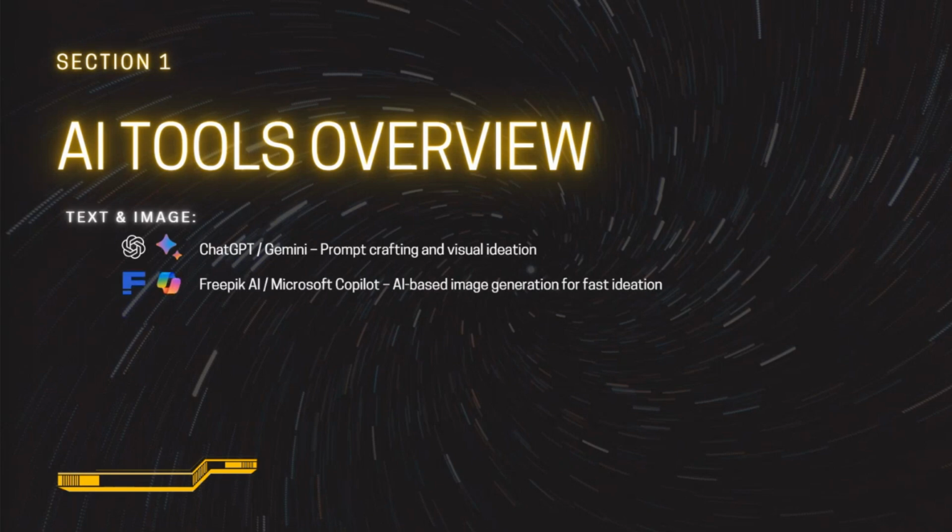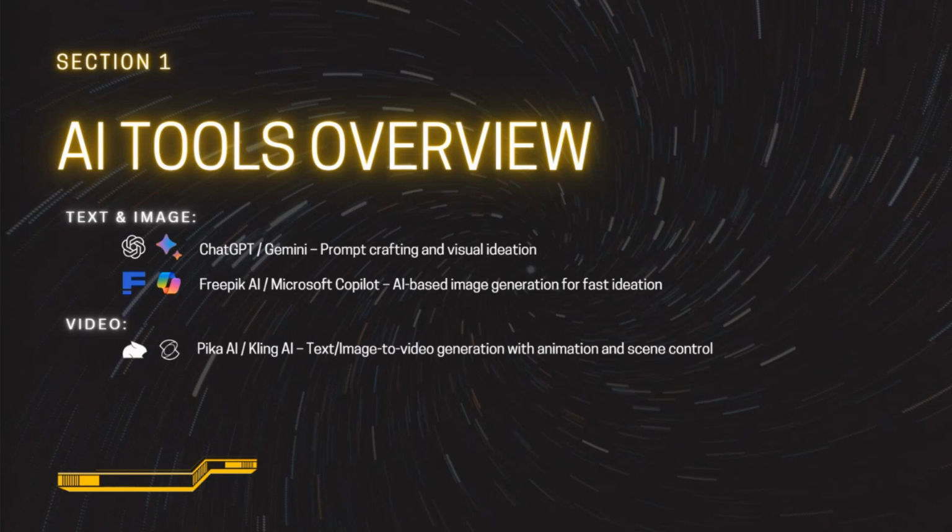And for image generation, we will also have the option to use Freepik AI or Microsoft Copilot. So I have decided to just go deeper with Freepik AI. For video content creation, we will have two more options, Pika AI and Plugin AI, and I will go through Pika AI. And for audio and narration generation, we will use ElevenLabs.